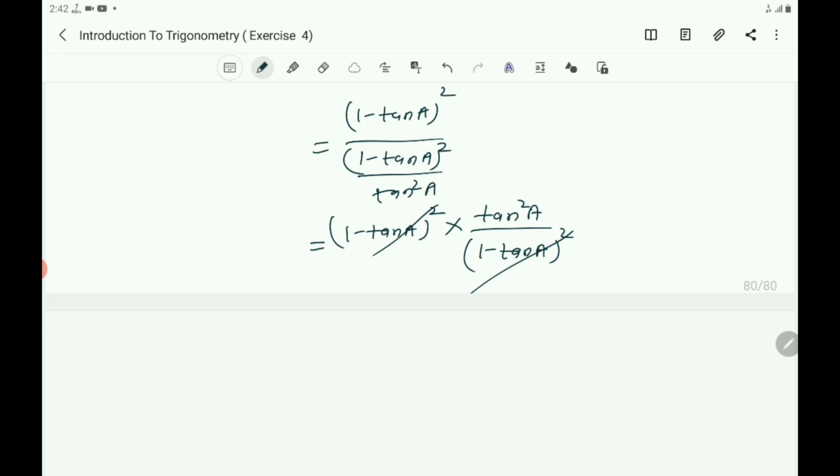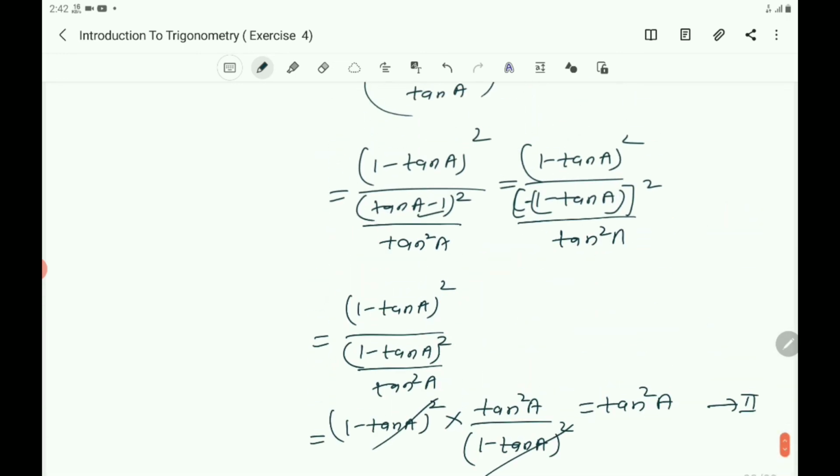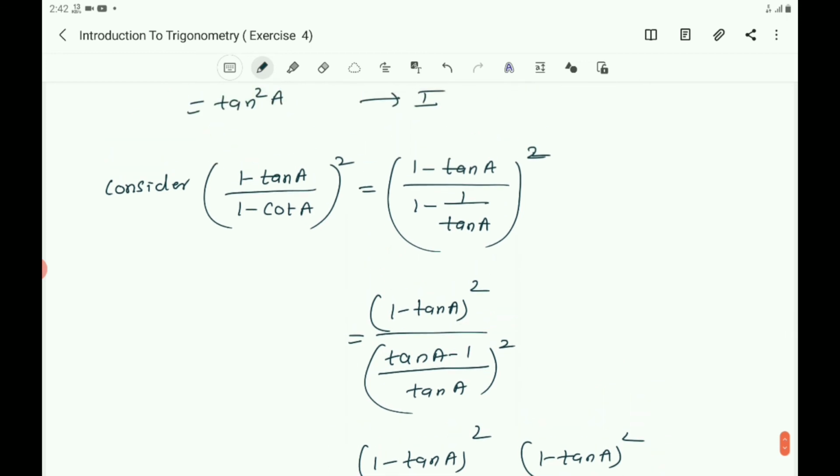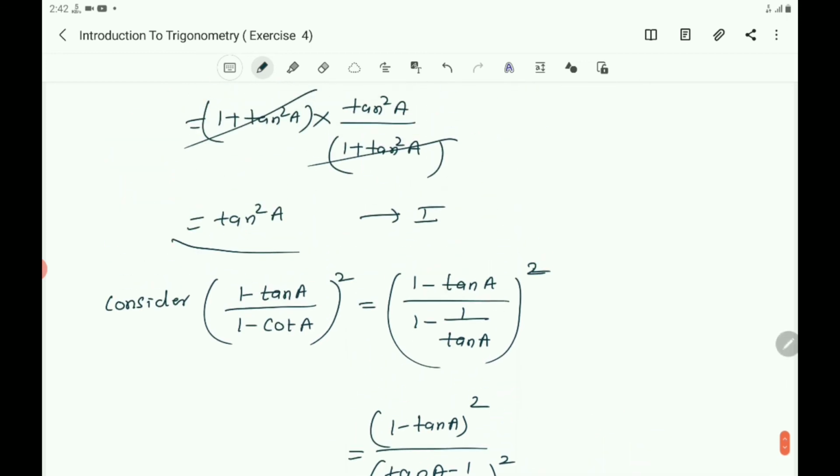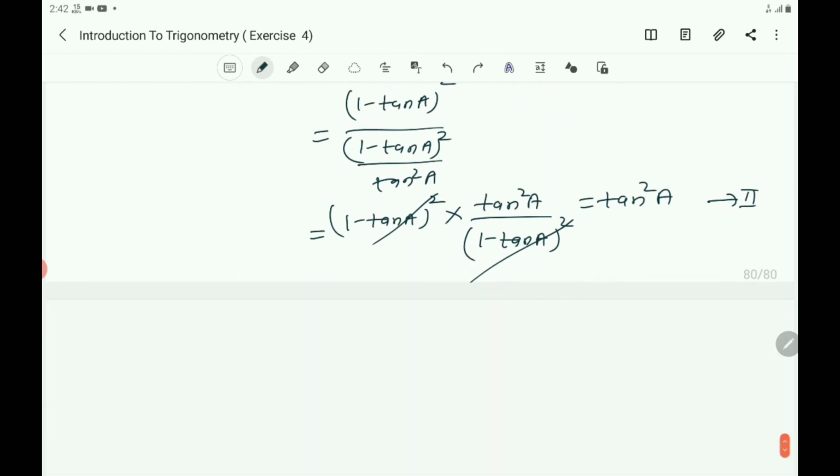These two cancel, you will get tan square A. Consider this is the second. So first also you got tan square A, and second also you got tan square A.